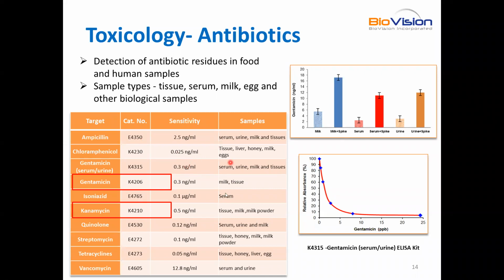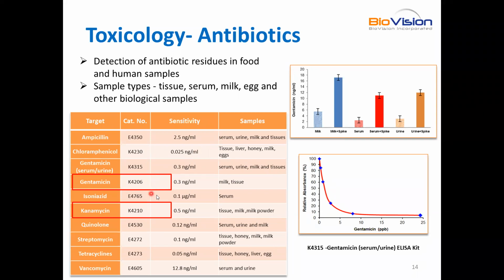And they can be used for a wide range of samples: human samples like tissue and serum, other biological samples like urine, and different food samples like milk, egg, milk powder, honey. So a wide selection of samples.